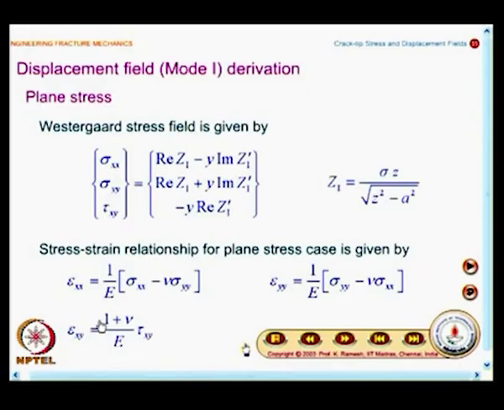So in the case of stress formulation, we get the stresses first, using stress strain relationship evaluate the strains, and the strains are related to displacement quantities.